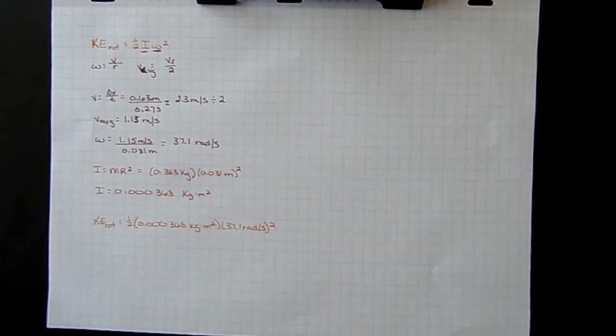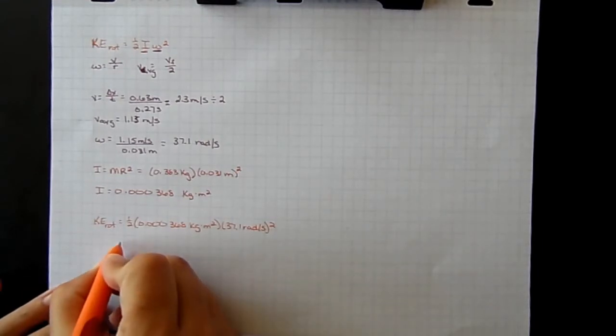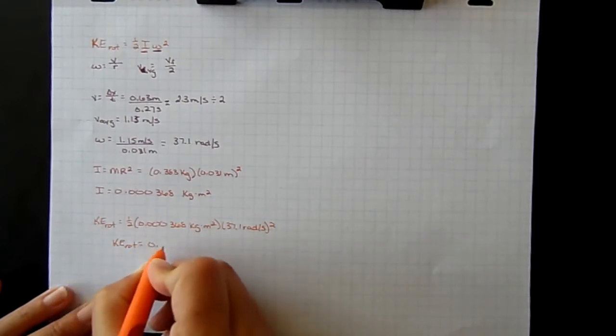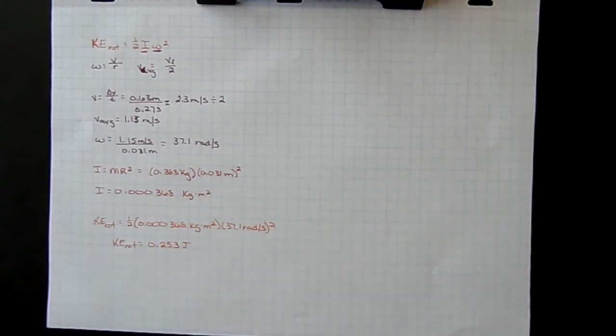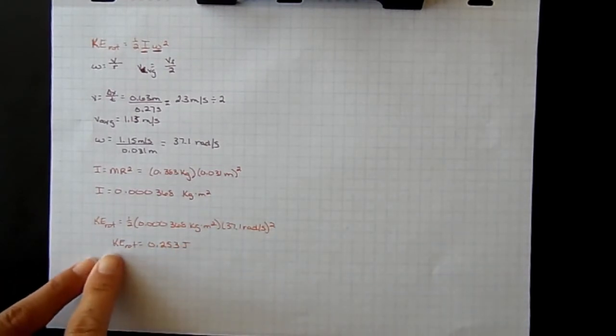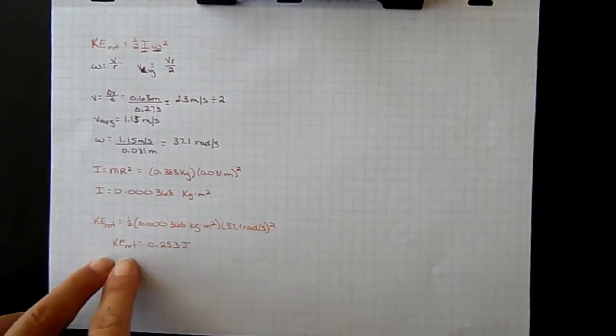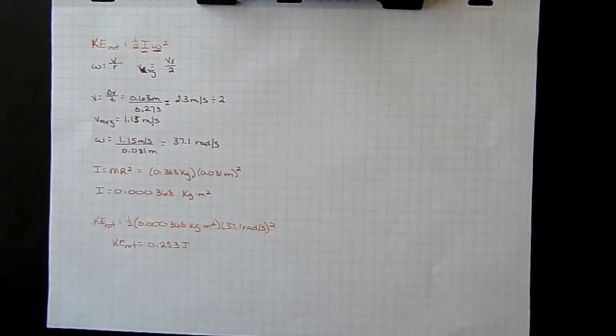So we're going to punch that in, and we get 0.253 joules. Okay, so this is our rotational kinetic energy at the bottom of the ramp.